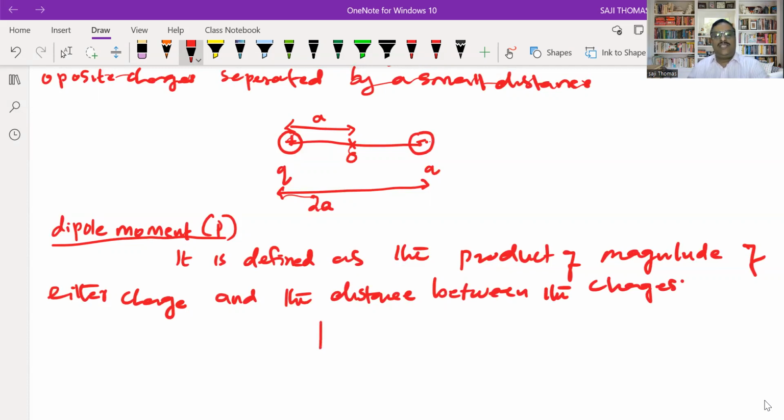So the equation is P equals Q into 2A. 2A is known as dipole length.